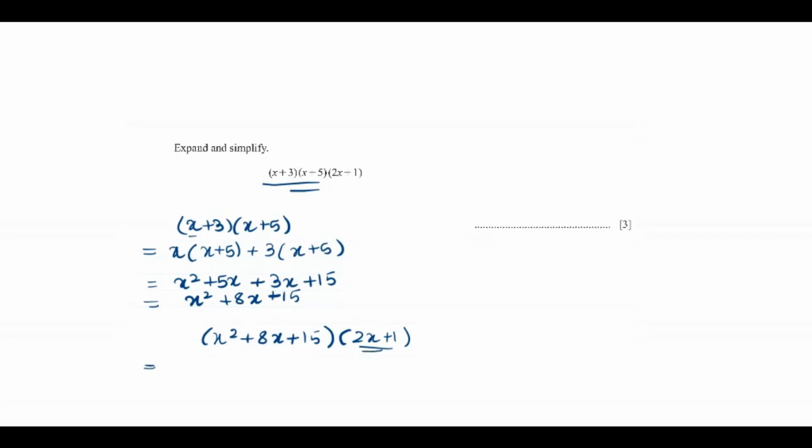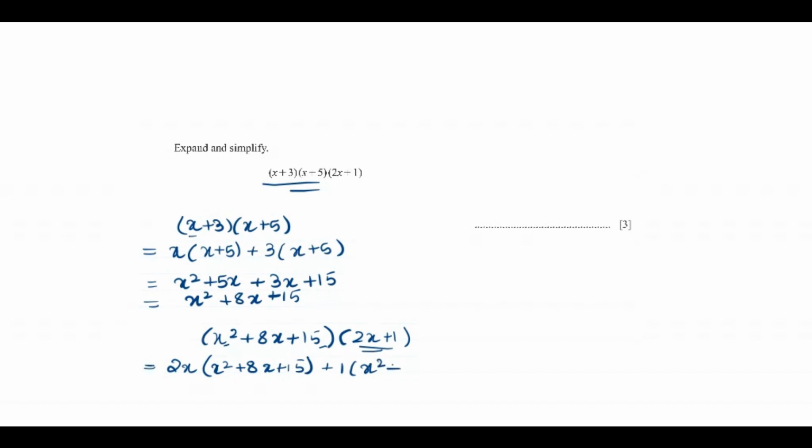So what I can now do is multiply 2x by the whole of my first bracket because it's just easier this way. You could simplify by multiplying this first with this, then this with this, and again a 15 with this. But this cuts down a step, so let's do it this way.